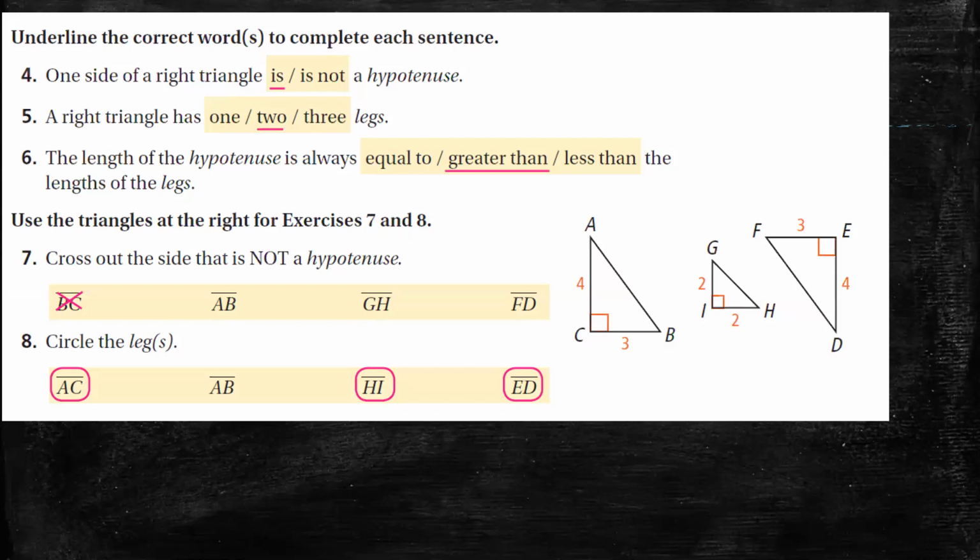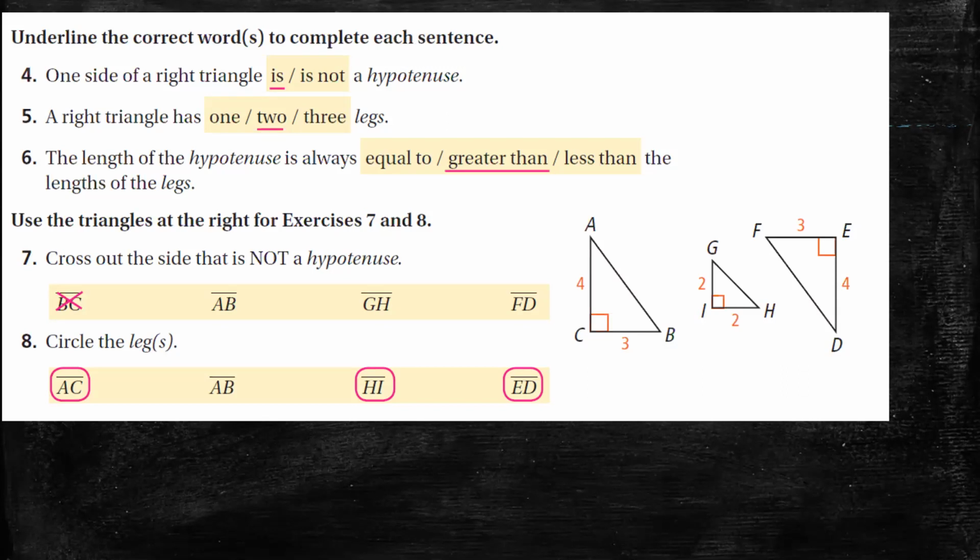Now, in this picture we have triangles ABC, GIH, and FED. Cross out the side that is not a hypotenuse.